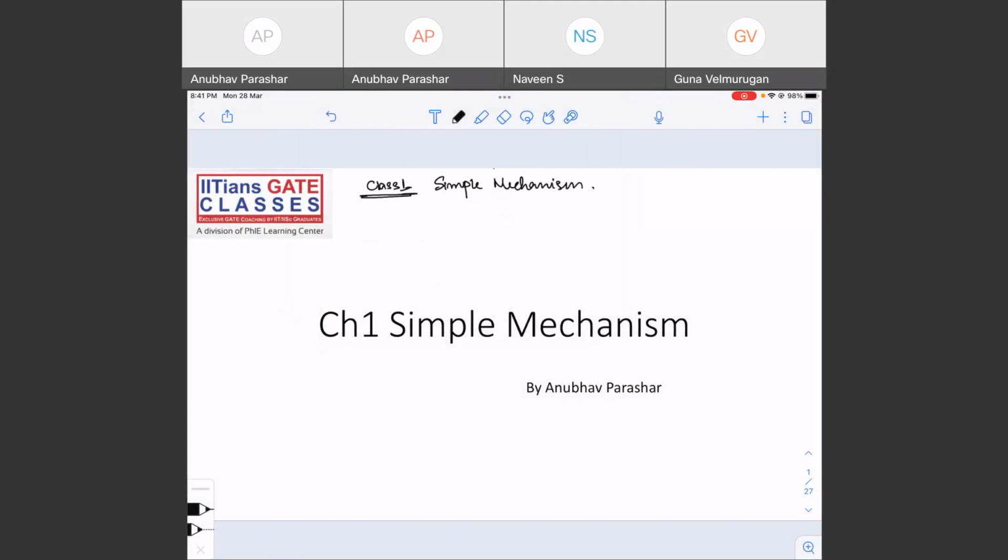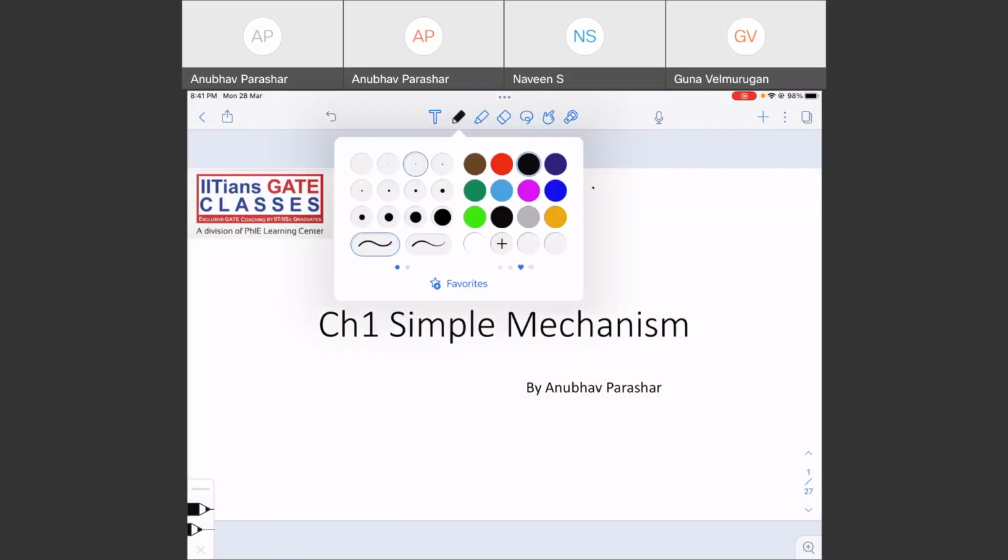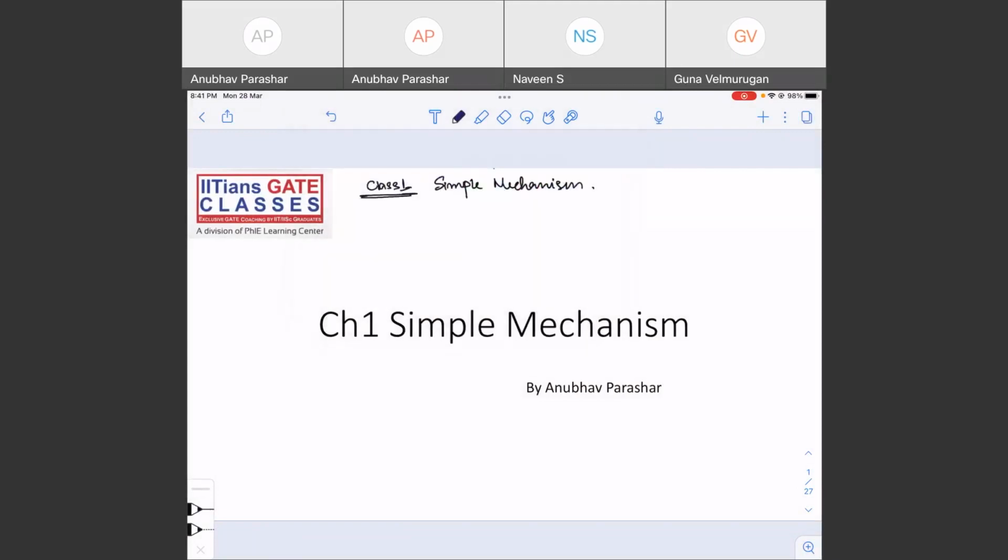This is the most important chapter, I will say. A lot of theoretical questions are asked from this chapter, right? Then class 2 will be velocity and acceleration analysis. Then class 3 will be for gears.